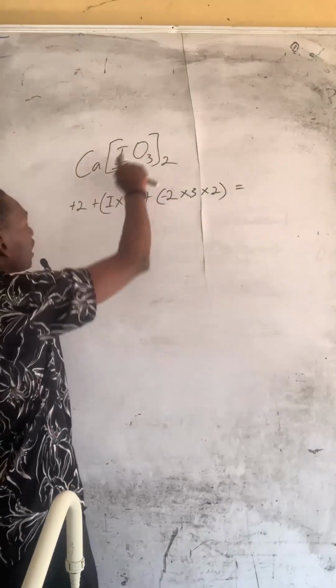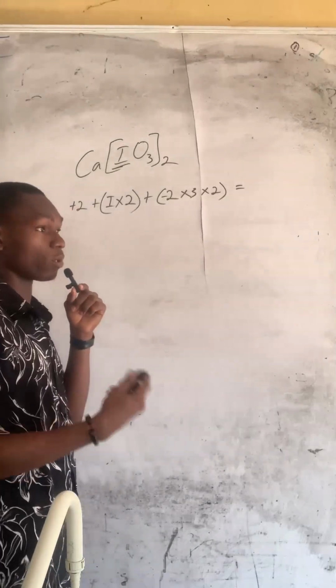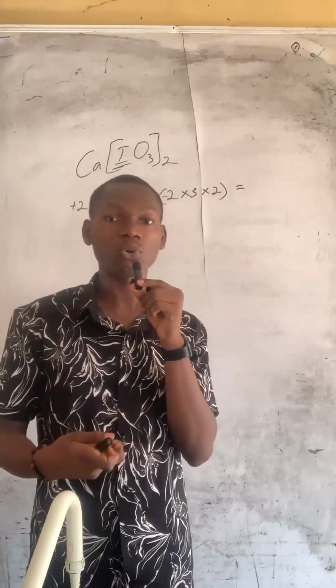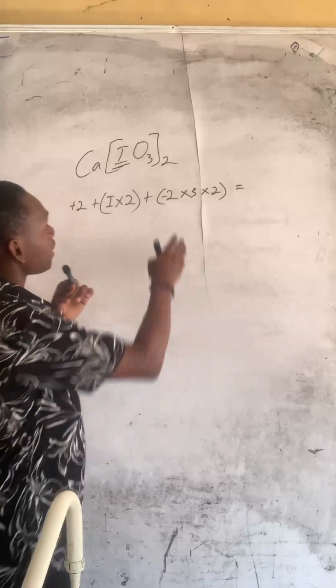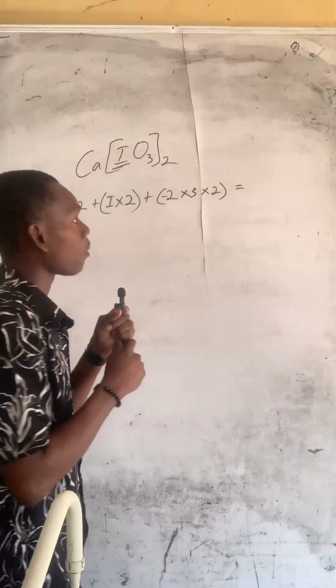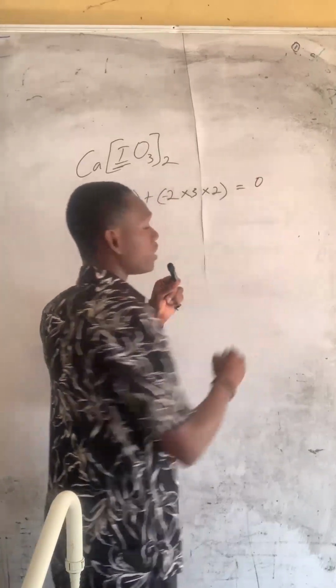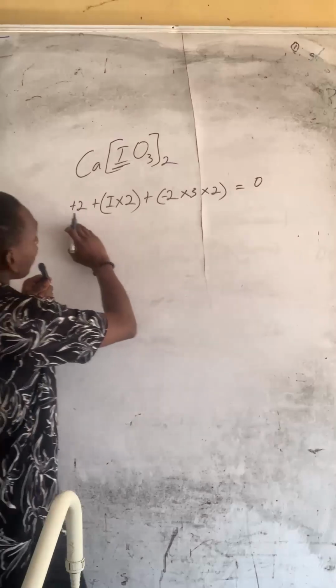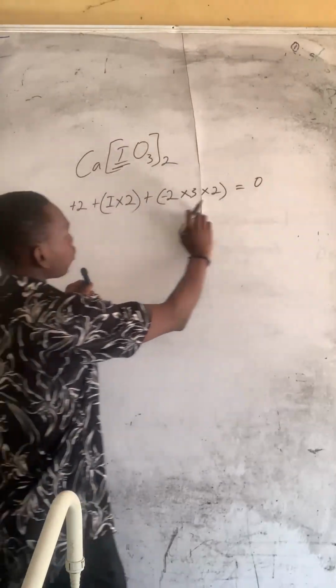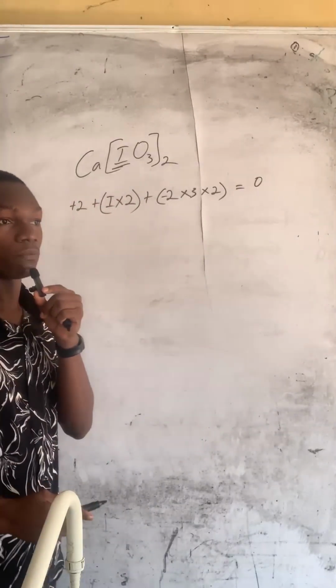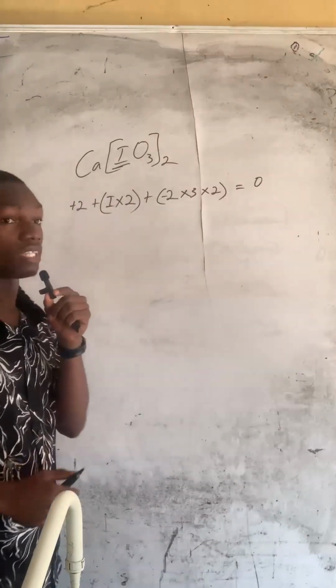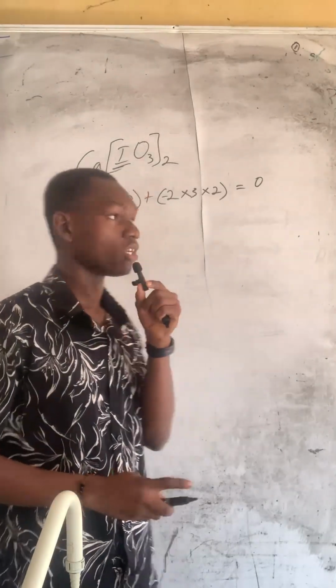If there was a charge here, it will be equal to the charge, either -1, +1, -2, or +2, depending on the charge. But in this case, there's no charge here. It's a neutral compound, so it will be equal to 0, right? So the net oxidation number of everything here is equal to 0 because it does not contain any net charge. So now let's solve.